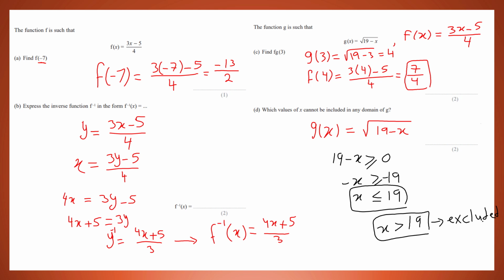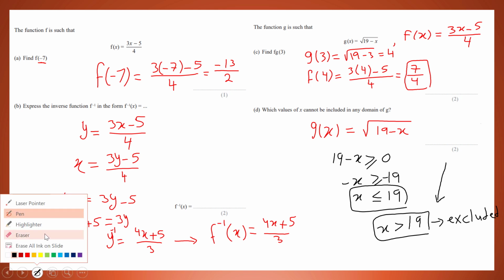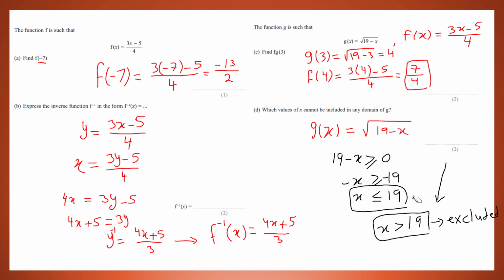You can just take it as a hint: if the domain is x less than or equal to 19, you take the inverse symbol. If it's less than, the excluded will be greater than. If it's greater than, the excluded will be less than. This is the idea of the excluded. So the answer for this part is x greater than 19. Let's see one more question and make sure they understood.